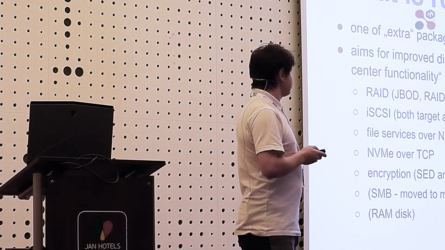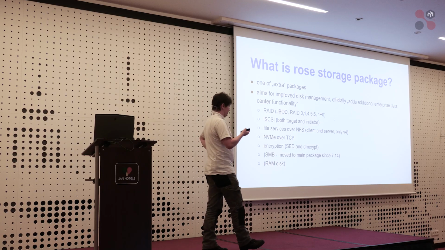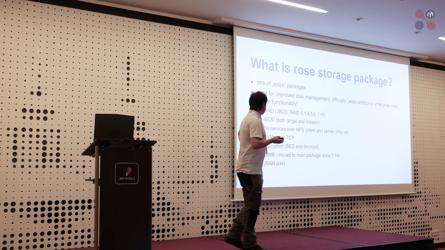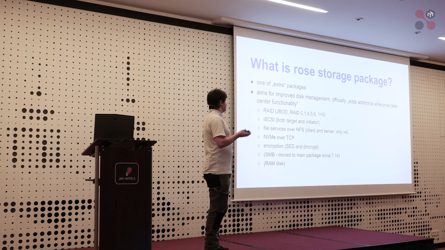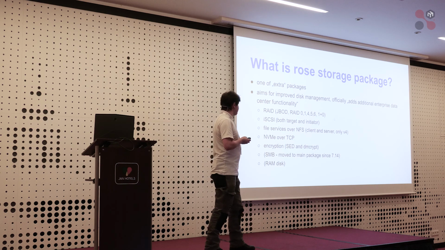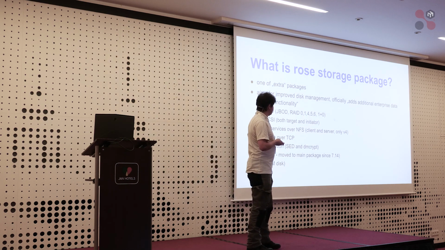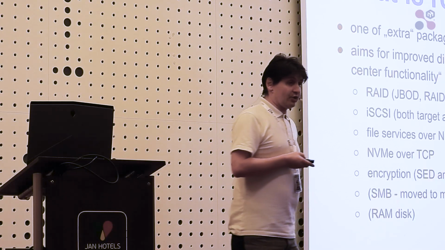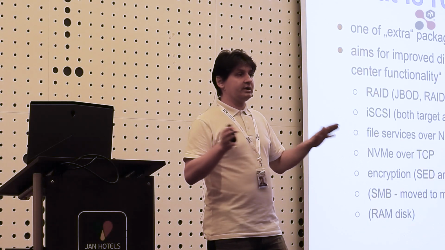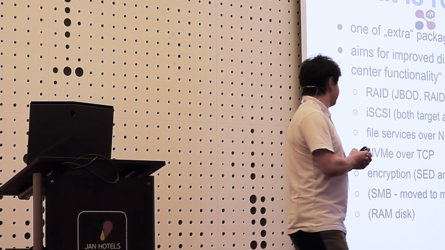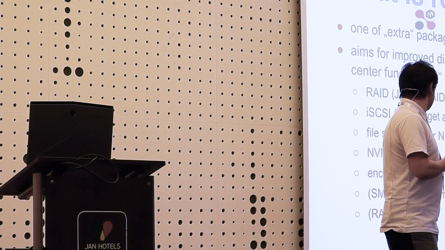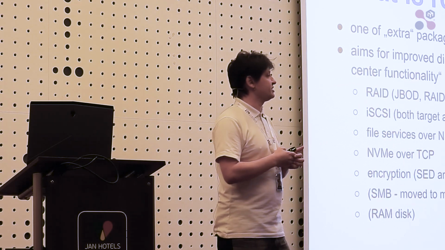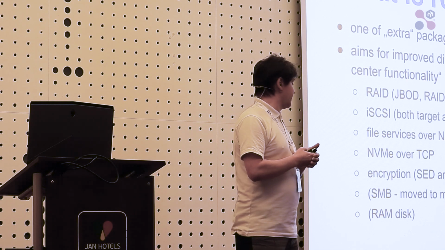In fact, in routers you can do it in two possible ways. One is Samba and one is NFS, which is set to work only with version 7. But Samba was moved to the main package since version 7.14, which is, I don't know, one week old. So it's quite new that this service has been completely removed from the ROS storage and is now in the main package.